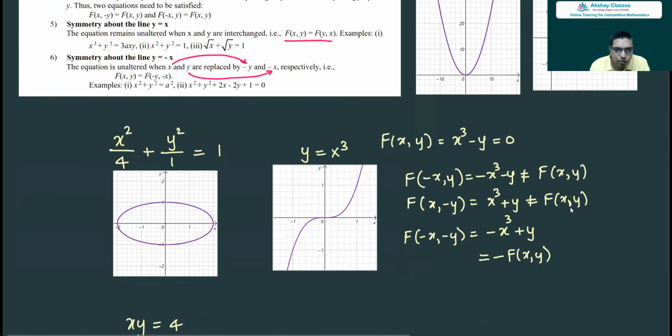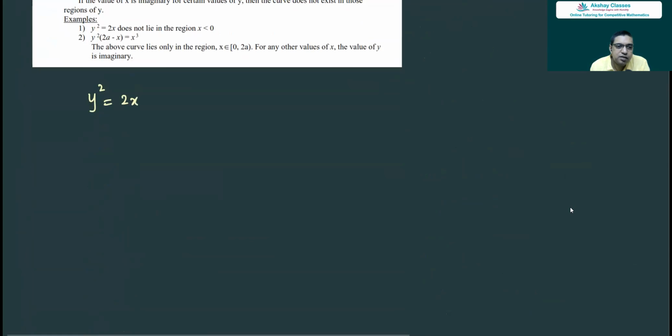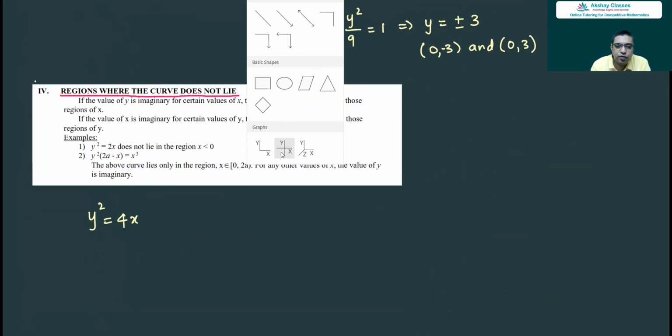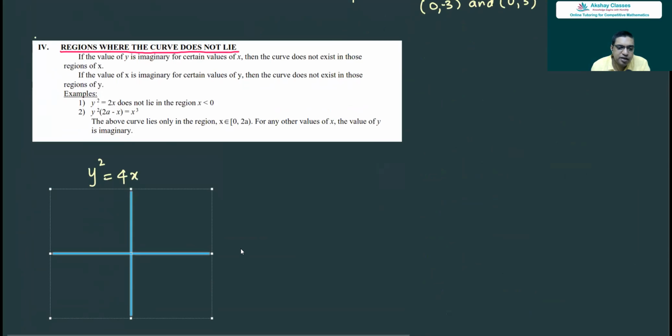So that's how we determine that. Here the example is y square equal to 4x, and we need to know how to plot the graphs by hand.